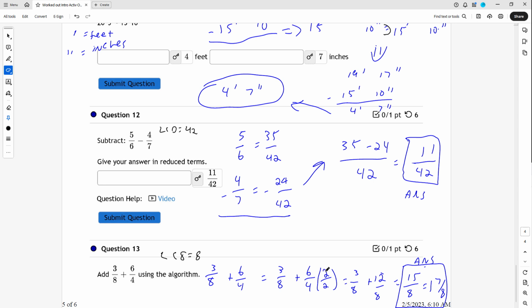So multiply it by 1. I have 2 over 2, which gives me 3/8 plus 12/8, which is 15/8, which is equal to 1 7/8 for my final answer there. And that's the last one that I have.